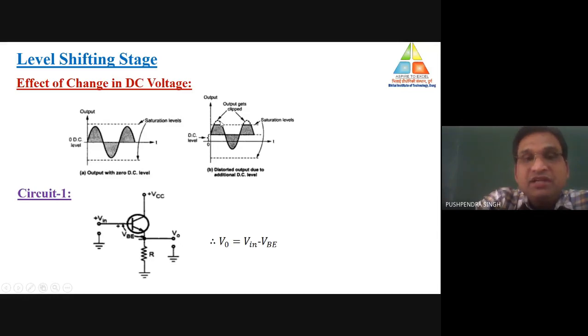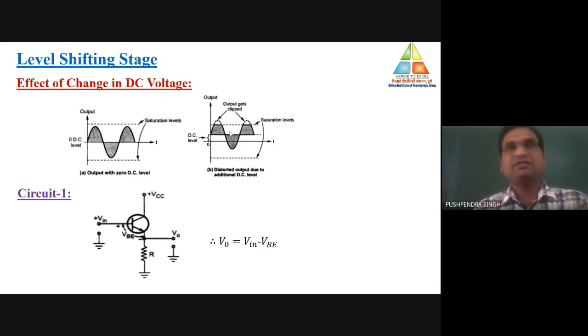Clipping means whatever information was there will be clipped off. This is the problem caused by changing the DC level or the operating point. Whenever there is a change in the DC value, there is distortion in the output. Some part of the input signal may be clipped off at the output terminal of the circuit.